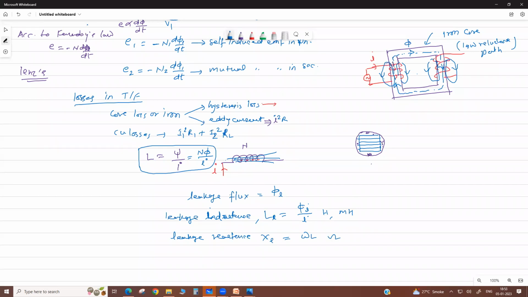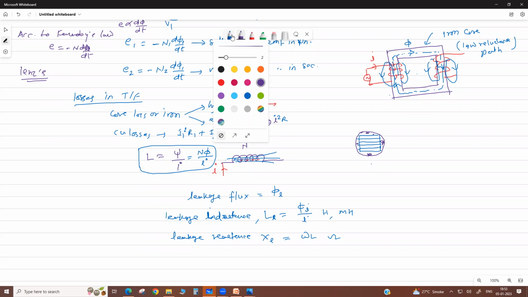Now we come to the question. How do we reduce it? First is the interleaved coil, then maximum flux is linked. Second, we reduce the air gap. How do we reduce it? Apart from a single dimension, we use a multi-dimension core. Multi-dimension means like a cruciform core.